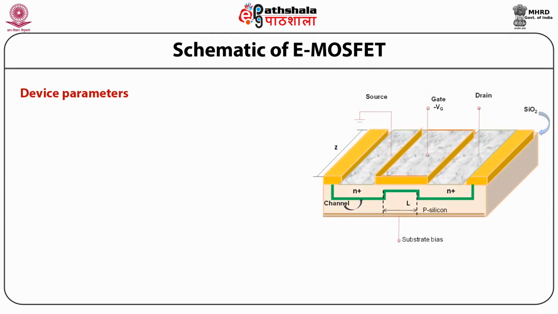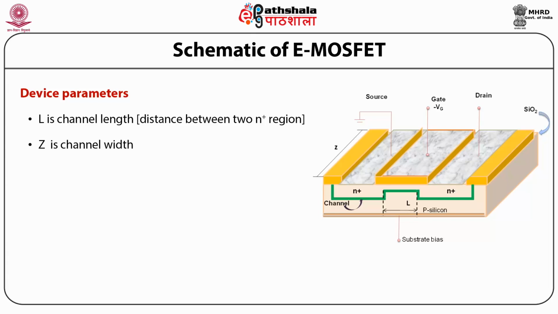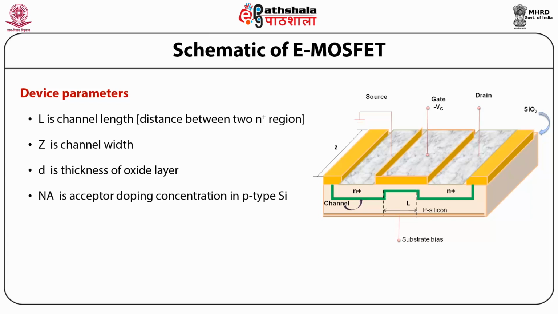So the device parameters are: capital L is the channel length, that is the distance between the two N+ regions. Z is the channel width. d is the thickness of the oxide layer. Na is the acceptor ion doping concentration in the p-type silicon.